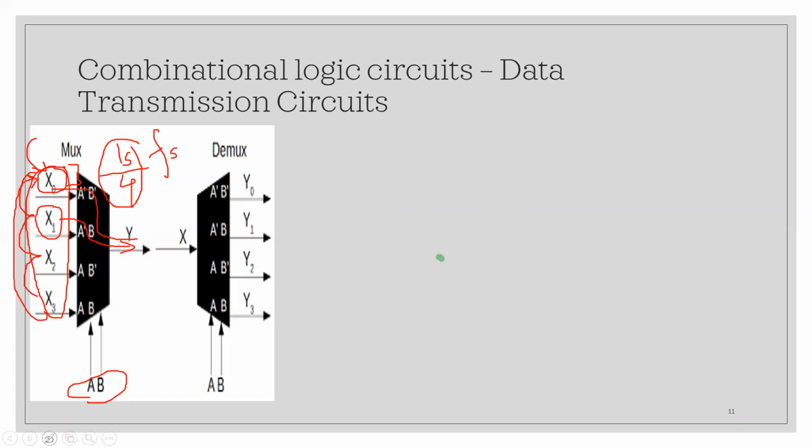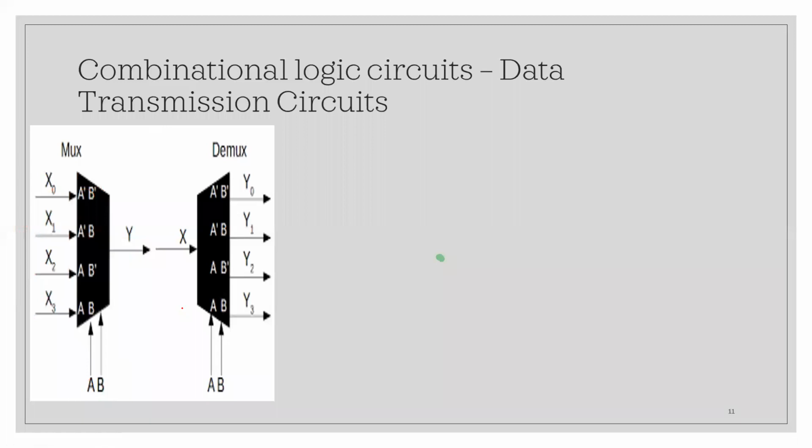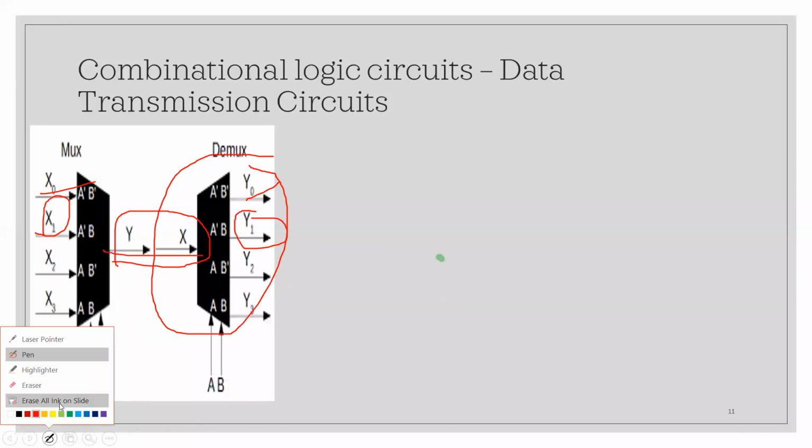Those things all come in. We will not be discussing those now, it is just a general discussion. The same thing should be taken care of at the other end. So this is how X naught can communicate with Y naught via a single channel, and even X1 can communicate with Y1 via the same channel.